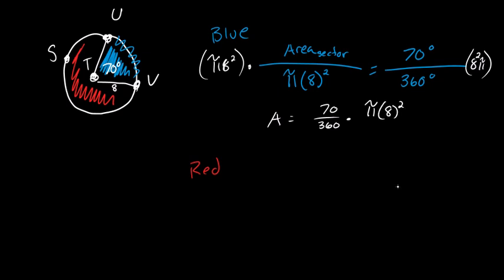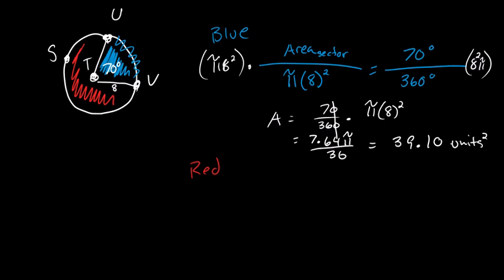Alright, so I do know before I type things in to make it simpler on myself, those zeros will cancel out, and this is 64. So this is 7 times 64 pi over 36. And that should come out to about 39.10. Alright, and since it's an area, it's going to be units squared.